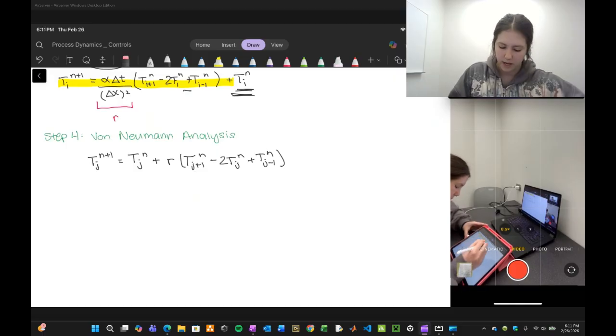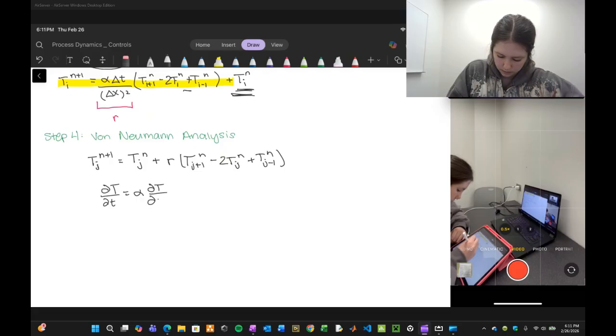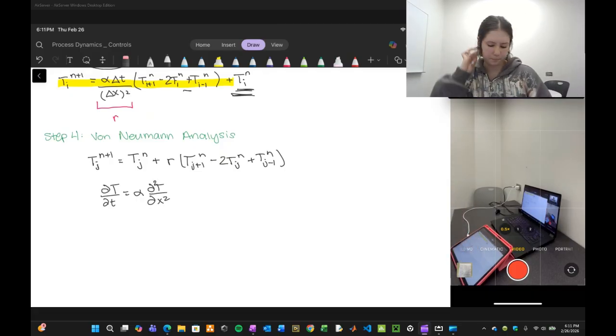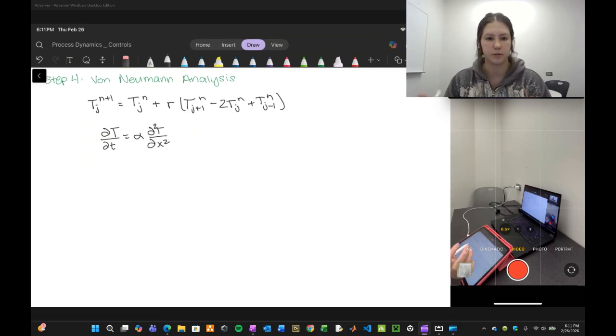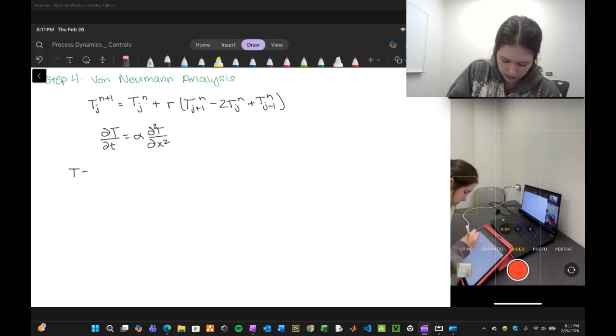Okay. And then our other main equation, our heat diffusion equation, which is alpha times temperature, and that's going to be squared. So for this analysis, we will have a solution of this to be e to the i k x times e to the negative alpha k squared t.